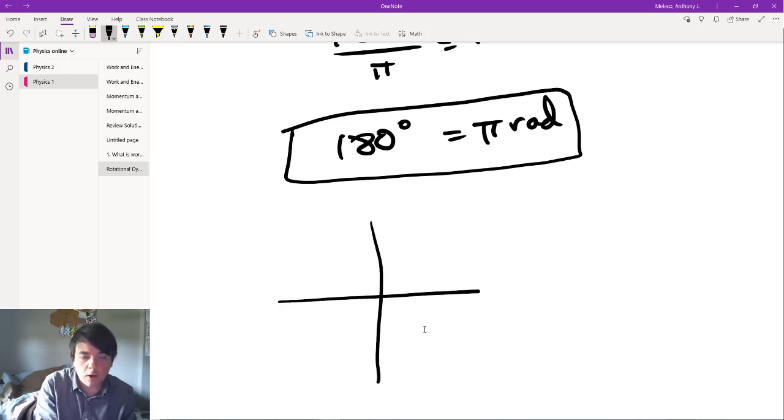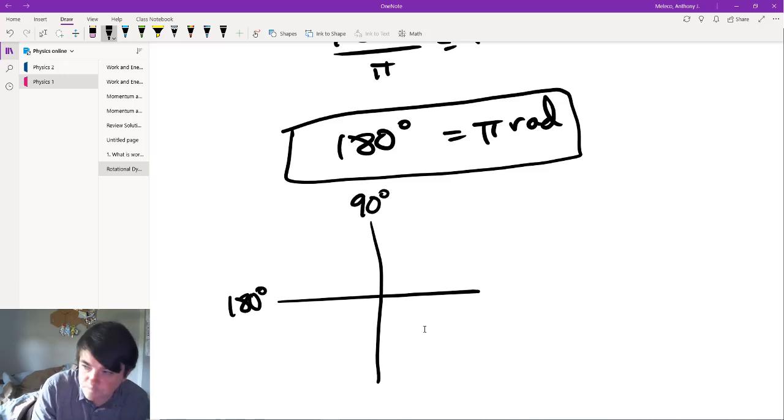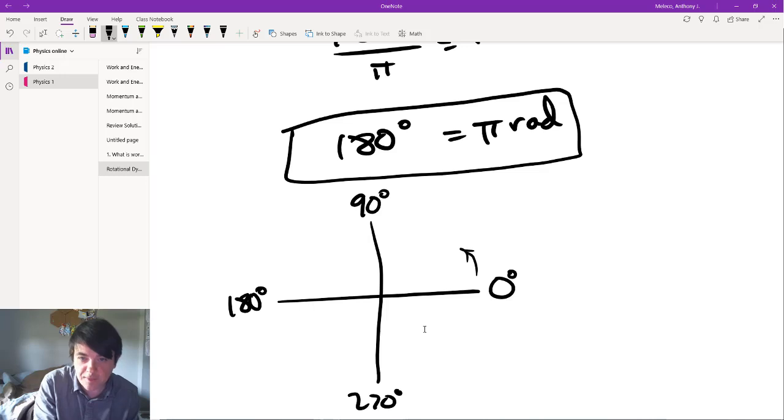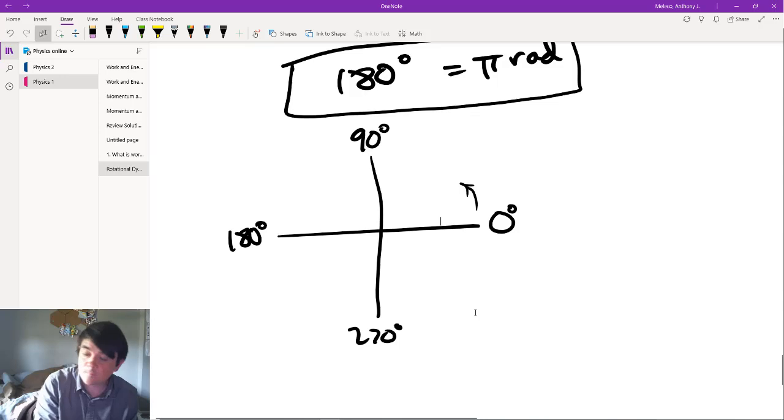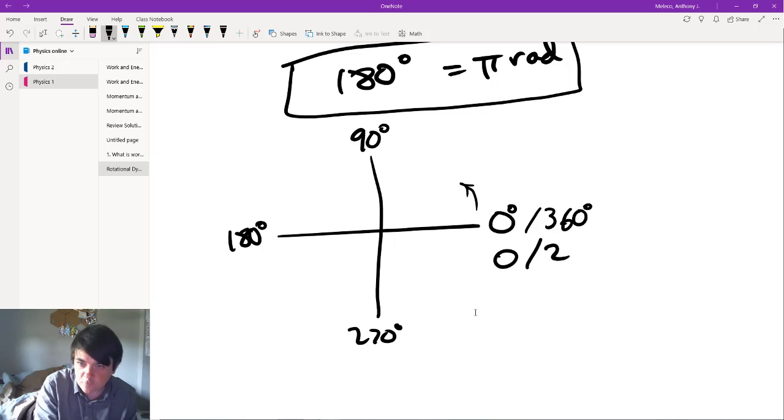So this conversion, if you're looking at it, you get 90 degrees. This is just a typical coordinate system, in degrees, right? And you're rotating that way, as is convention. You rotate counterclockwise. 0 degrees and also 360. Okay, this is 0 radians and 2 pi radians.